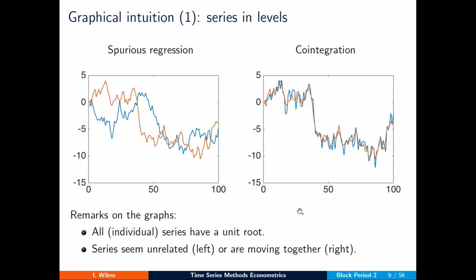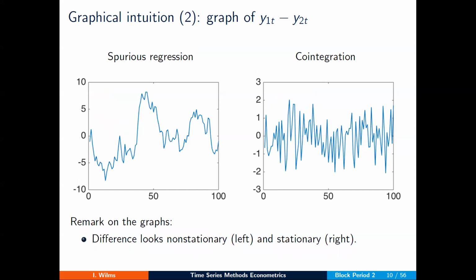As we will formally see later on today, a crucial difference between both situations concerns the unit root behavior of a linear combination of our series. And on this slide, I've plotted here the difference between both time series, which is indeed a linear combination of our two original time series.